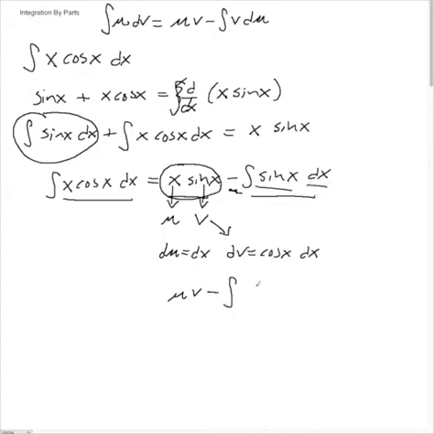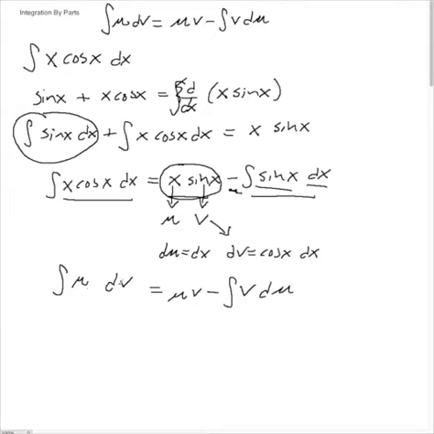Just doing a direct substitution, v du. And then looking at the other side of the equal sign, this is the integral of u, that's just x, and cosine x dx is dv. So you can see where the formula came from, and I hope what you're seeing is this is kind of like the backwards product rule.